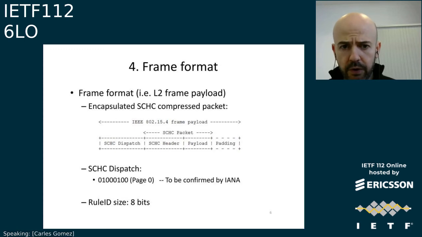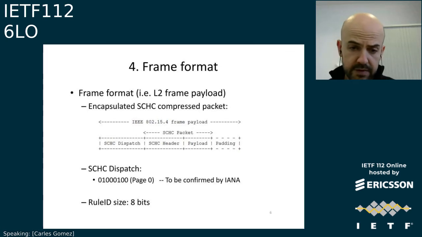So in section 4, we define the frame format. The figure on the slide corresponds to the 15.4 frame payload when a SCHC packet is carried. And the leftmost field is the SCHC dispatch. In this version of the draft, we would use a 1-byte pattern from page 0.